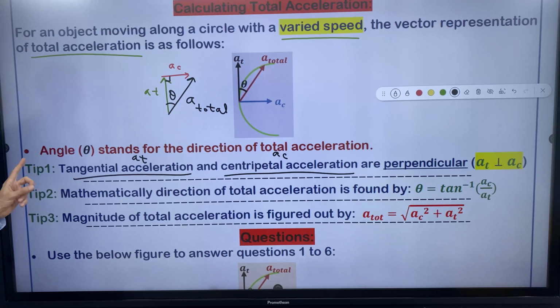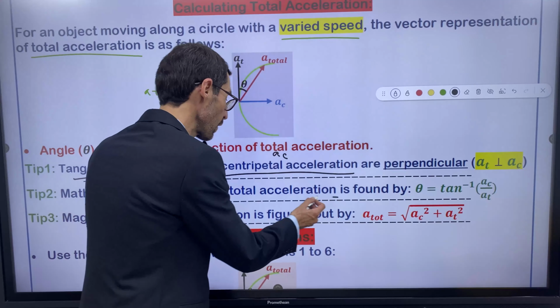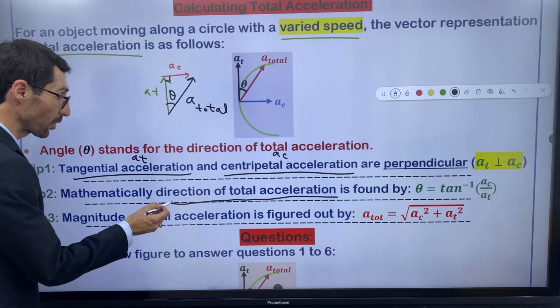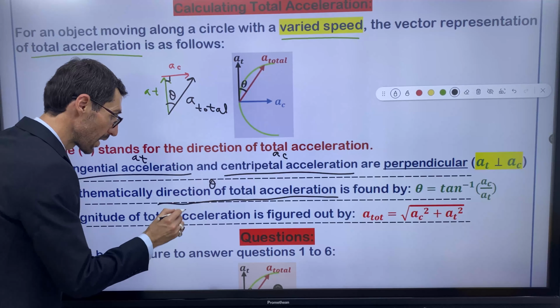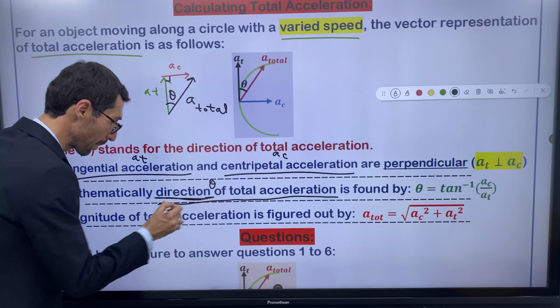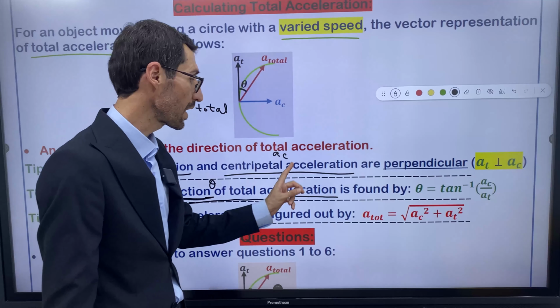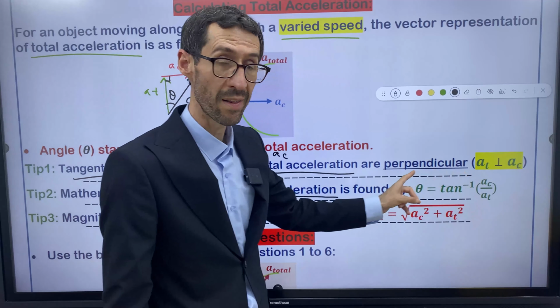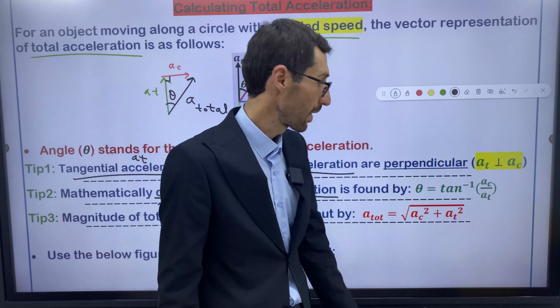The second tip: mathematically, the direction of total acceleration. What does it mean? I told you direction in physics means angle, theta. Mathematically, the direction of total acceleration is found by this equation: theta is equal to tan inverse of AC over AT.